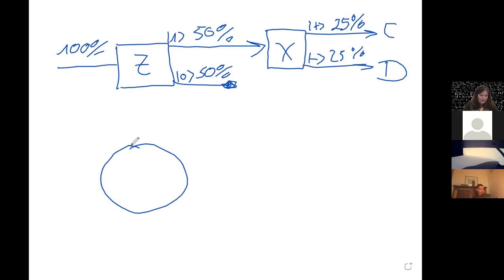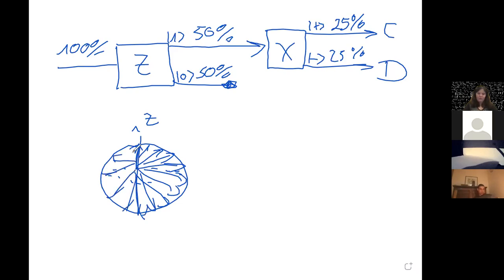So if this is my z-axis, and you have this magnetic moment, like a ball, then in a classical manner you could have values everywhere on this ball. So it would be continuous.